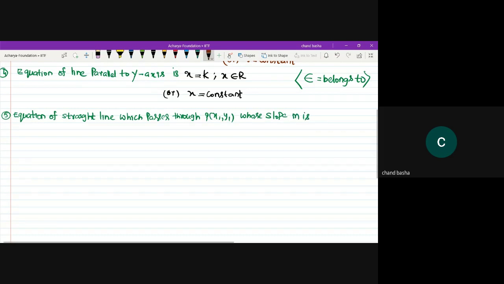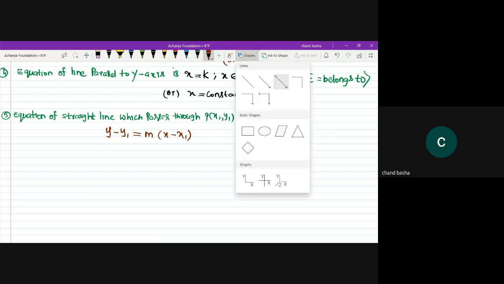Remember this standard formula: y minus y1 is equal to m into x minus x1. This is the equation of the straight line passing through one point and whose slope is m.